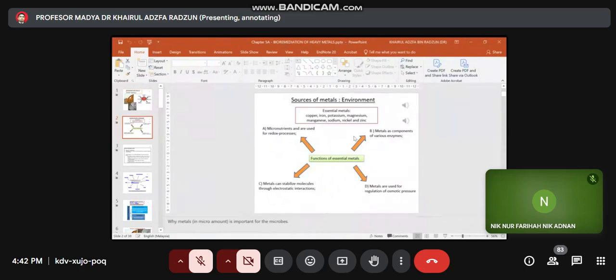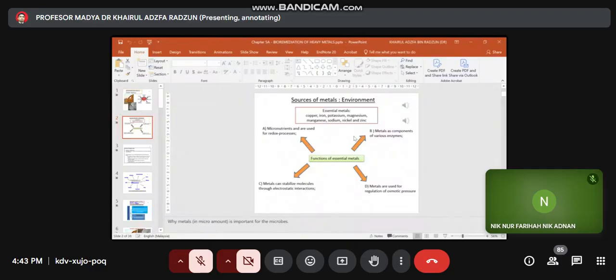And then we have B, metals as components for various enzymes, as I mentioned earlier. Some of these metals become the cofactors of the enzymes. Without these metals as cofactors, the enzyme cannot work properly, and this could be detrimental for the microbe, where the enzyme is not able to function as intended, and eventually the microbes will die.